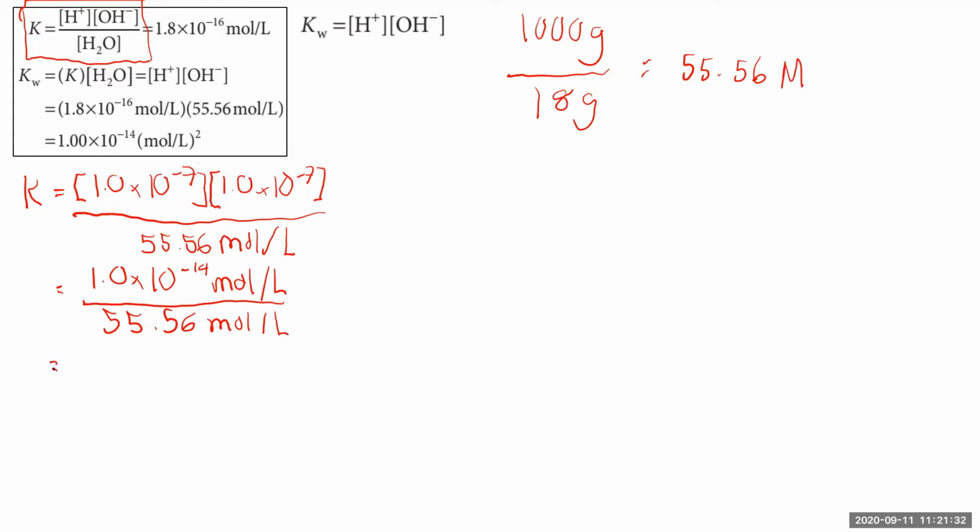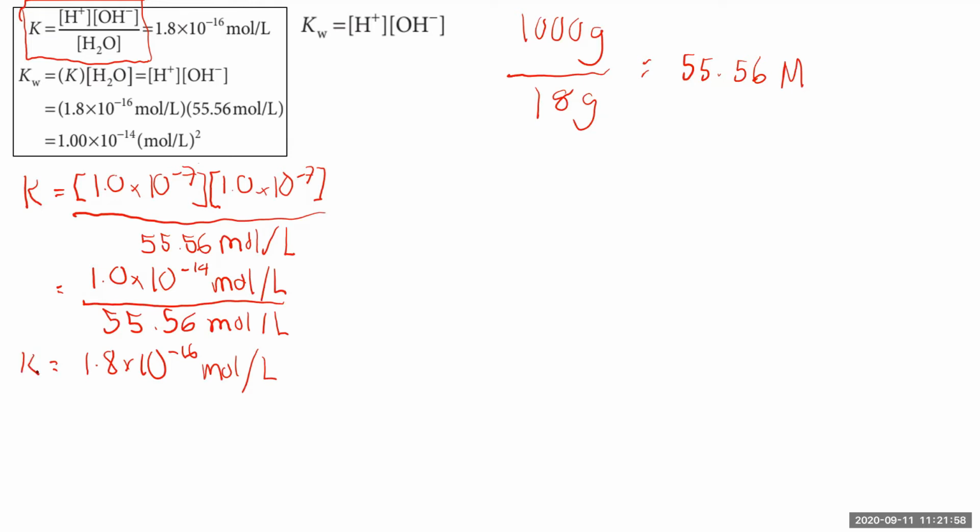So the result for that would be 1.8 times 10 raised to the power of negative 16 moles per liter. So that's why we have this value.